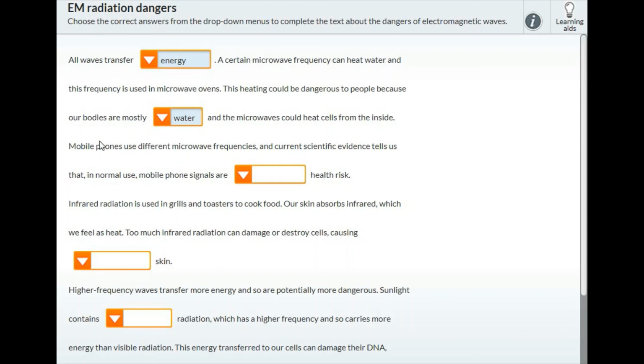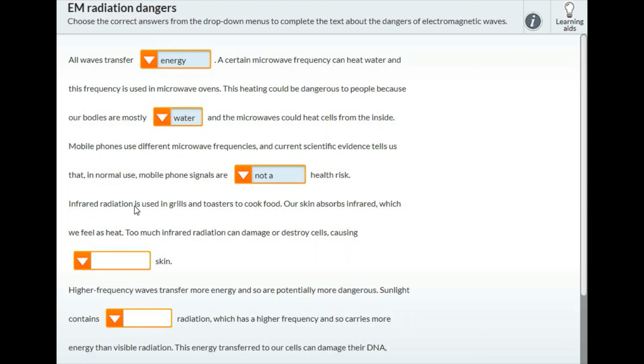Mobile phones use different microwave frequencies, and current scientific evidence tells us that in normal use, mobile phone signals are not a significant risk. If they were, we wouldn't be allowed to use mobile phones.